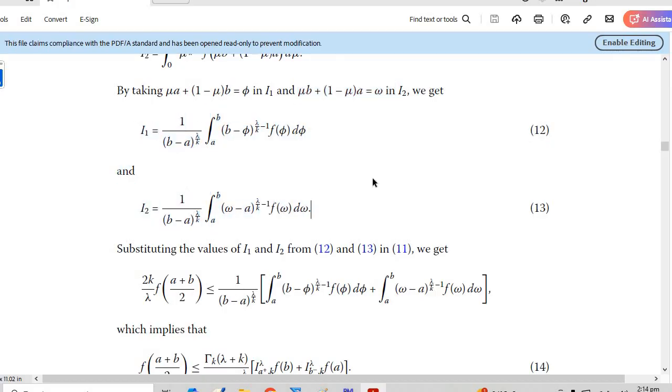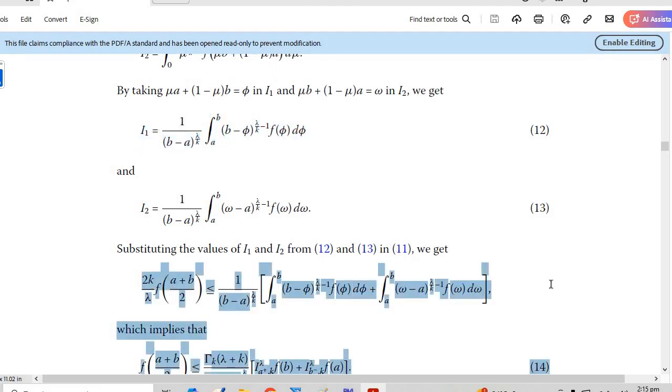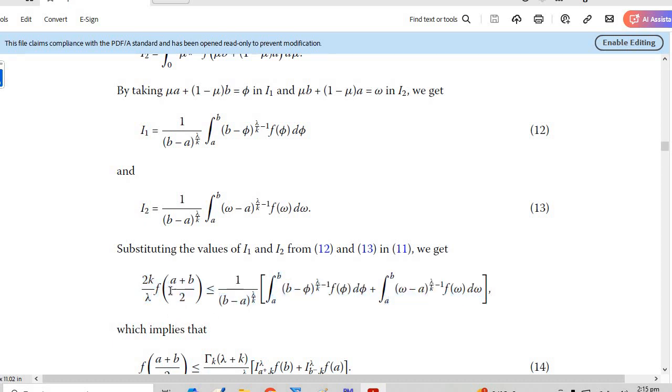And at the end, what we need to do is substitute the value of this I1 and this I2 from 12 and 13 in 11, then 11 becomes this one, which implies that f of (a+b)/2 is given by this one, and this term will be taken to this side after multiplication and division, elementary mathematics.